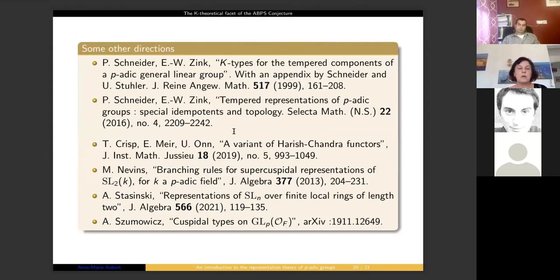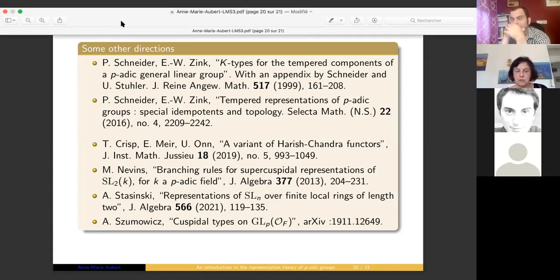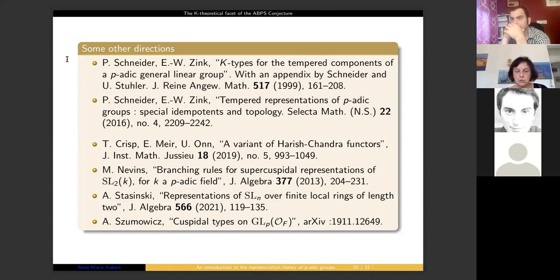So I will arrive at the end of my talk, but I would like to just give some references of some directions that I didn't get time to explore in this lecture. So the first direction is, in some sense, the cycle of what we were just talking about. So trying to relate the notion of Bernstein decomposition or the notion of type theory in the case of tempered representation. So in the case of GL_n, it was done a long time ago by Schneider and Zink in this paper.